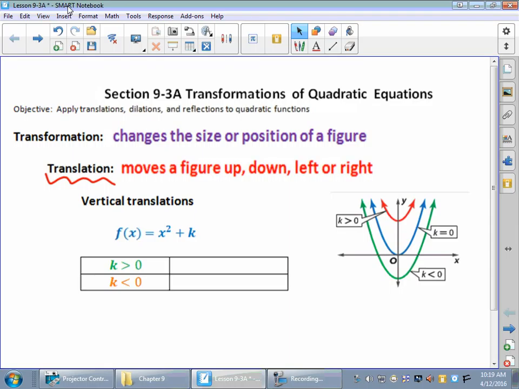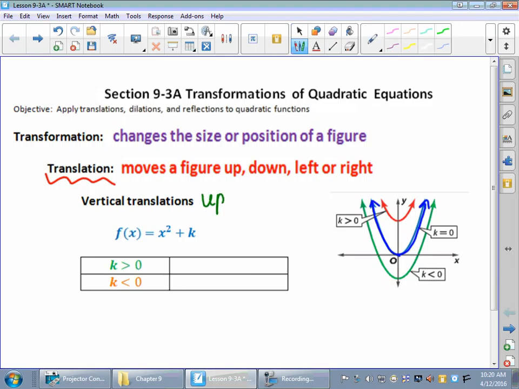So you can see from the graph, I've got this blue parabola with the origin as its vertex. And notice how I translated that figure up or down. That's vertical, right? Up or down is vertical translation. And what that looks like in our equation is we've got an x squared and we add some number at the end.